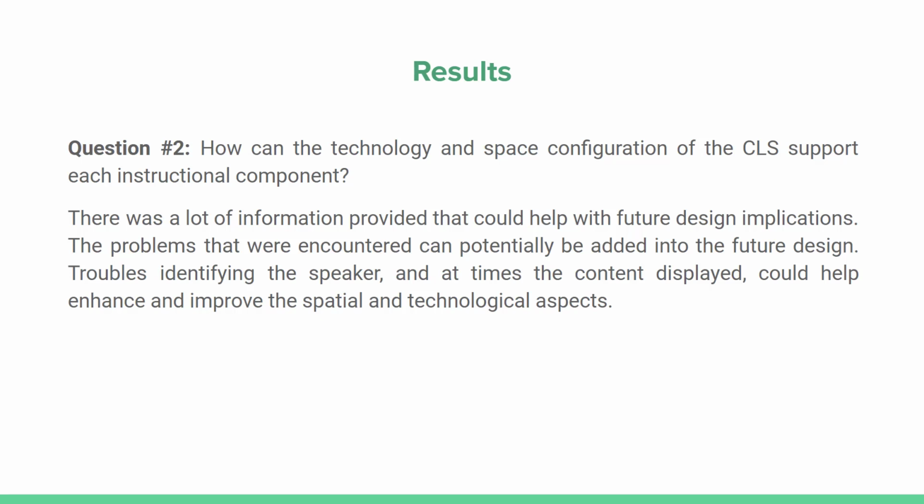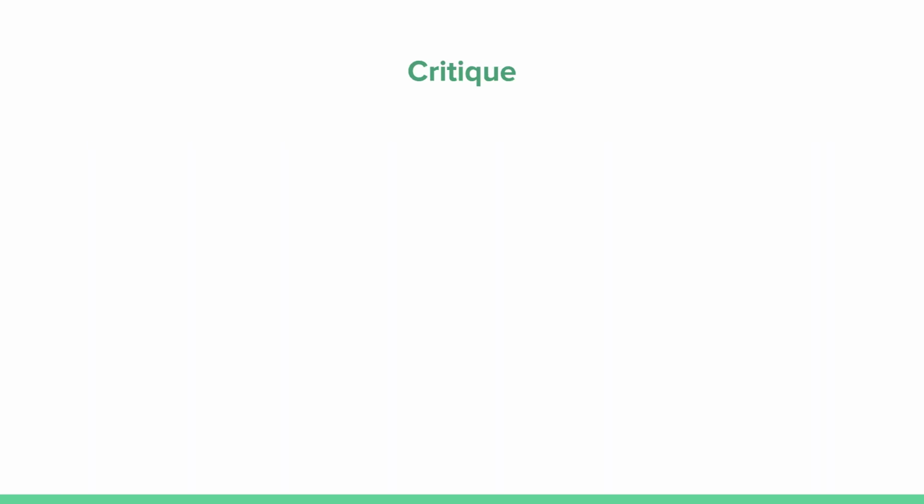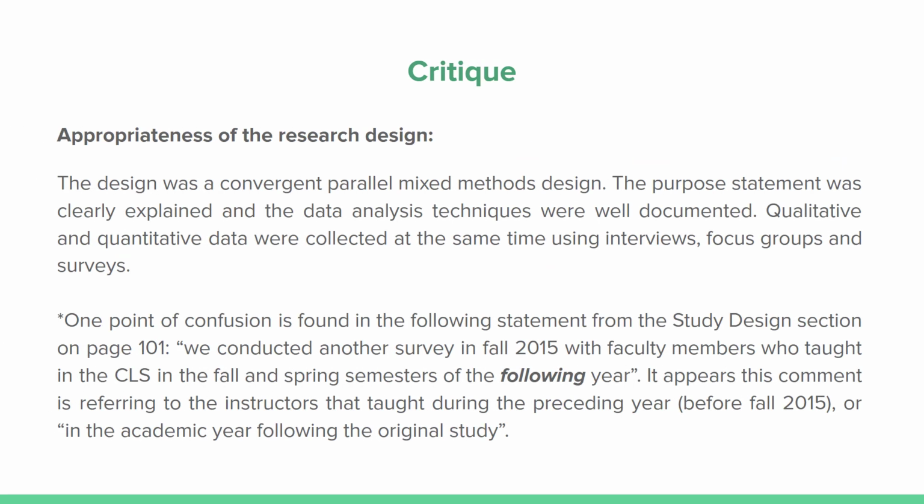Some asked for dual monitors, pointers, so that someone could identify information on the screen, or even lamps that could light up. So I think question 2 we felt was answered a little bit more, because now we have a better idea of how we can design these classrooms.